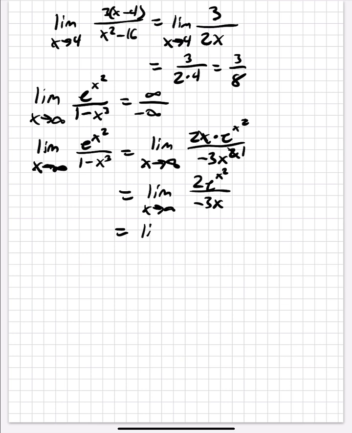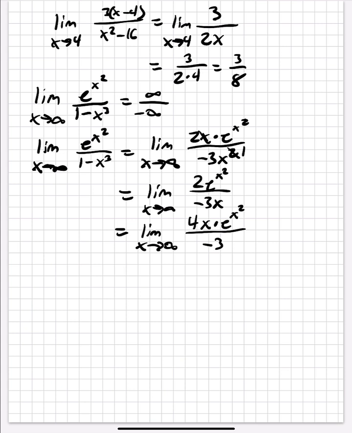So I'm going to take the derivative again, which leaves me with 4x, because I brought the 2 down as part of the chain rule, e to the x squared over negative 3.